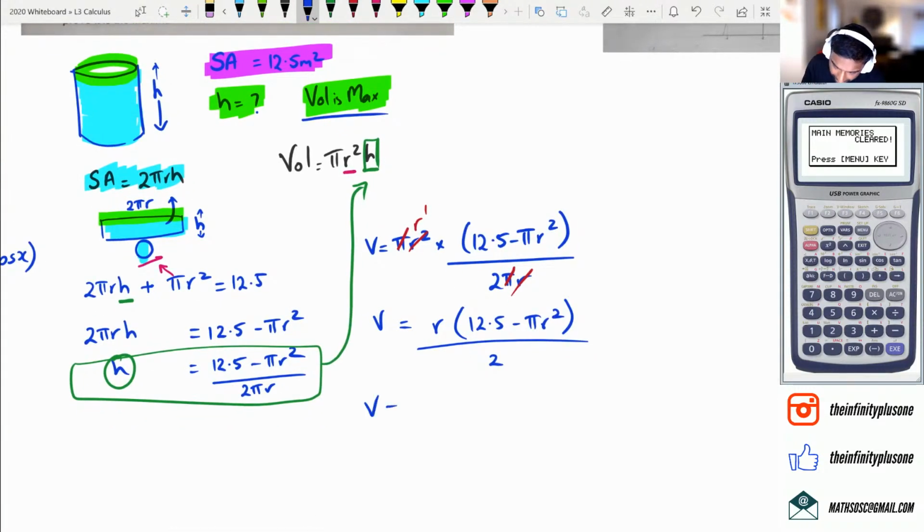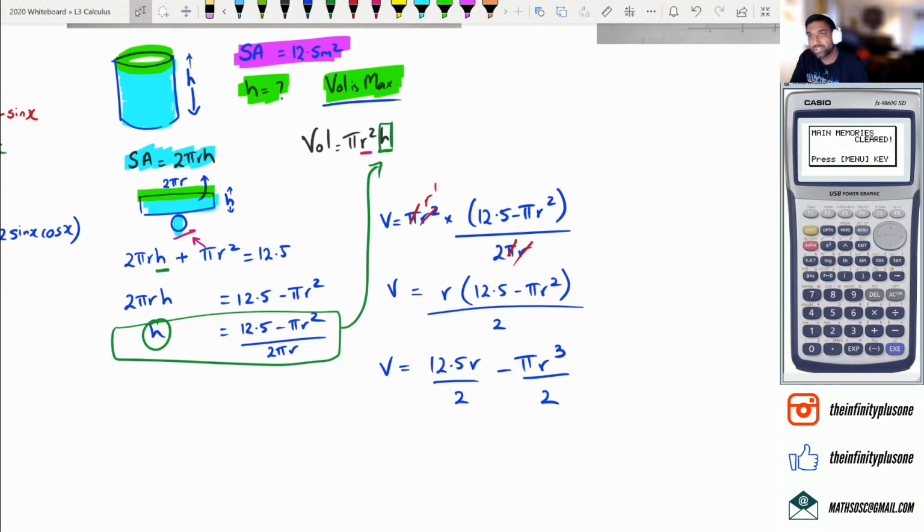So expanding this out, I'm going to get 12.5 r over 2 minus pi r cubed over 2. Gemma, the reason I'm able to cancel is because there are common factors in the numerator and the denominator.